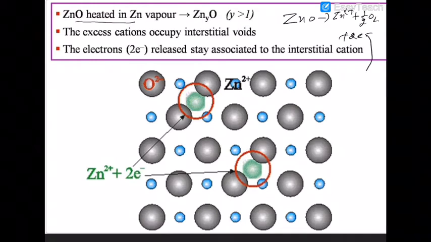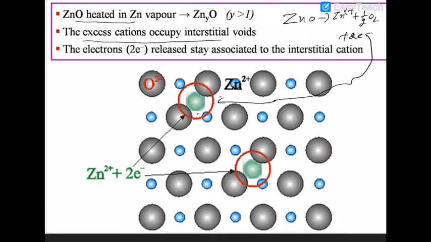The 2 electrons here get trapped. You can see here, the electron gets trapped here and the zinc 2 plus ion is similarly there. So the zinc 2 plus cation and 2 electrons will be nearby. The excess cations occupy the interstitial voids.